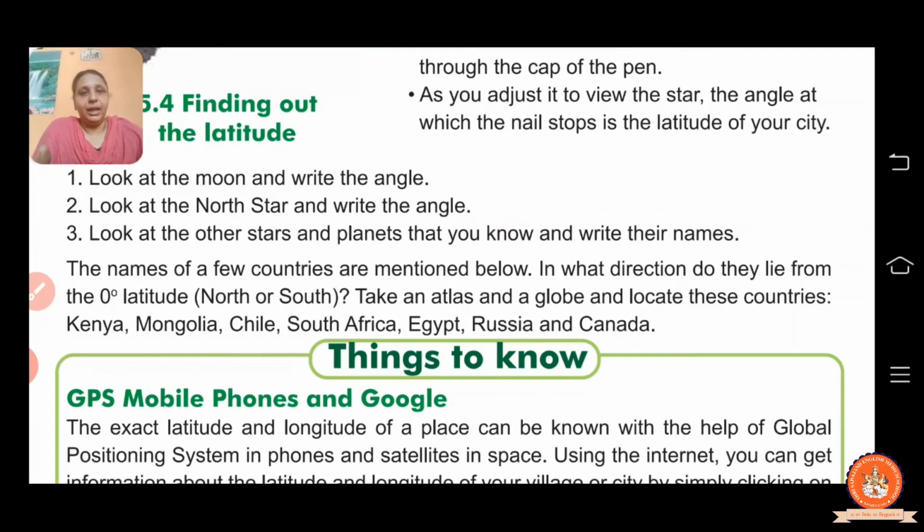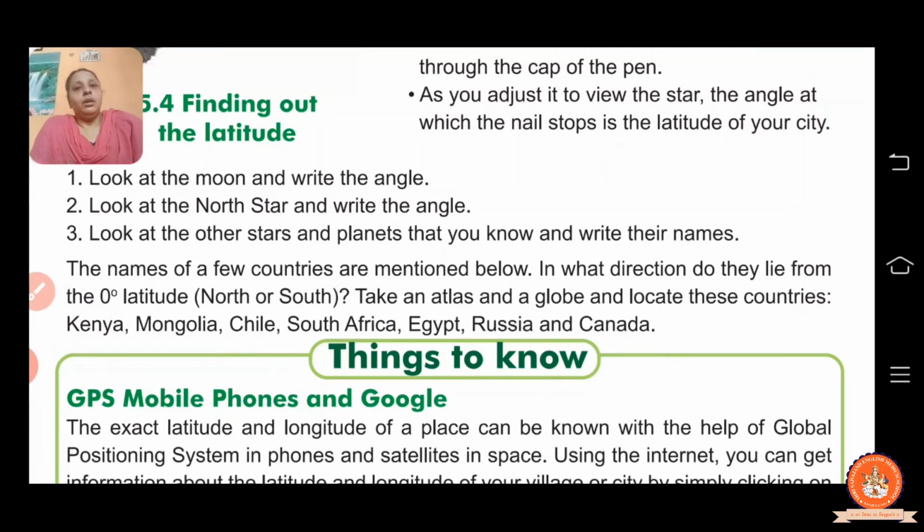These countries pass through 23.5 north. If 23.5 in the south hemisphere, which countries are located? South Africa, Botswana, Brazil, Paraguay, Argentina, Chile in South America, and Australia pass through the 23.5 south.